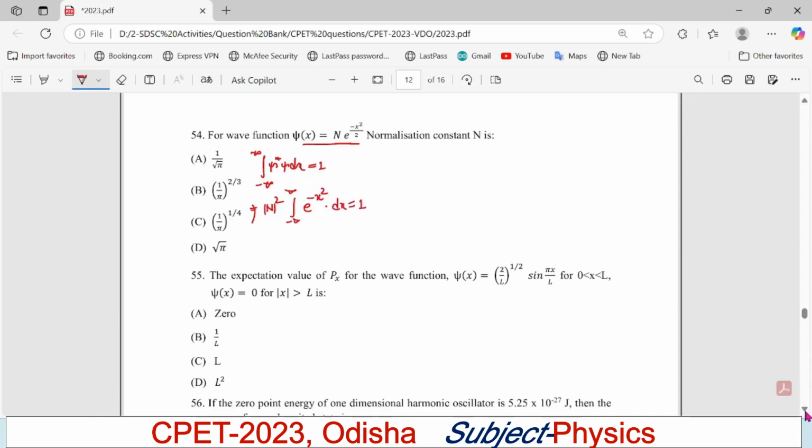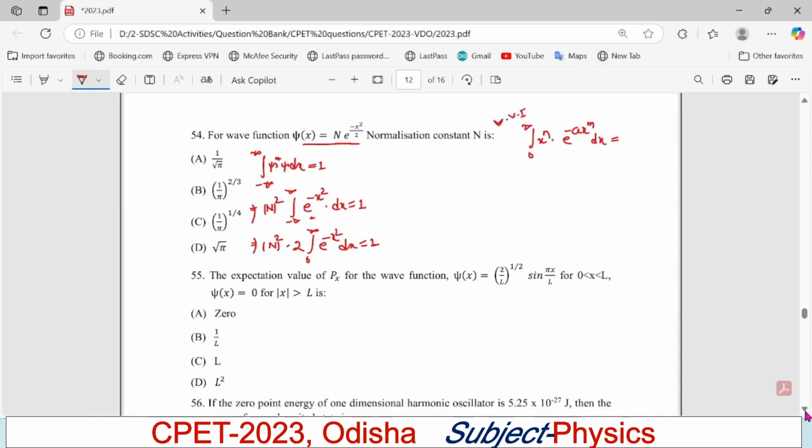Right. So here this is an even function. We can write N mod square into 2, 0 to infinity e to the power minus x square dx equal to 1. According to the gamma function, we know 0 to infinity x to the power n e to the minus a x to the power m dx is equal to, this formula is very important.